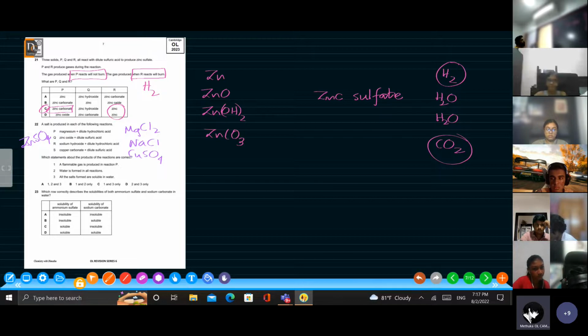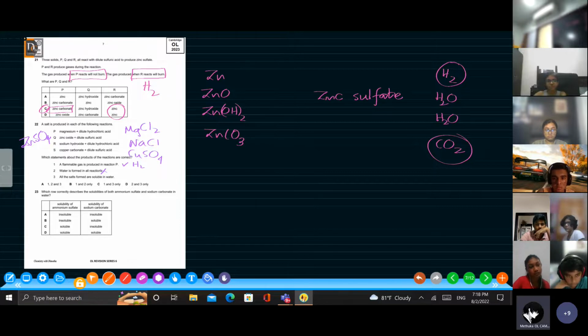But which statements about the products of the reactions are correct? A flammable gas is produced in reaction P. Yes, because hydrogen is produced, correct. Water is formed in all reactions. No, the first one doesn't produce water, right? All the salts formed are soluble in water, are they? Yes, magnesium chloride is soluble, sodium chloride too. See, solubility rules.